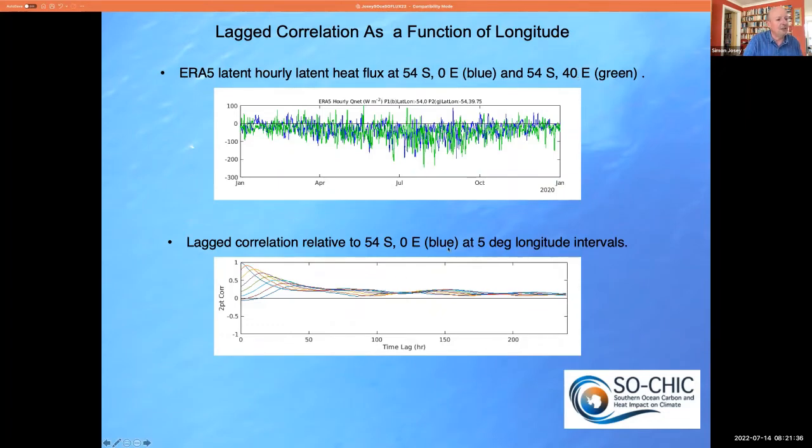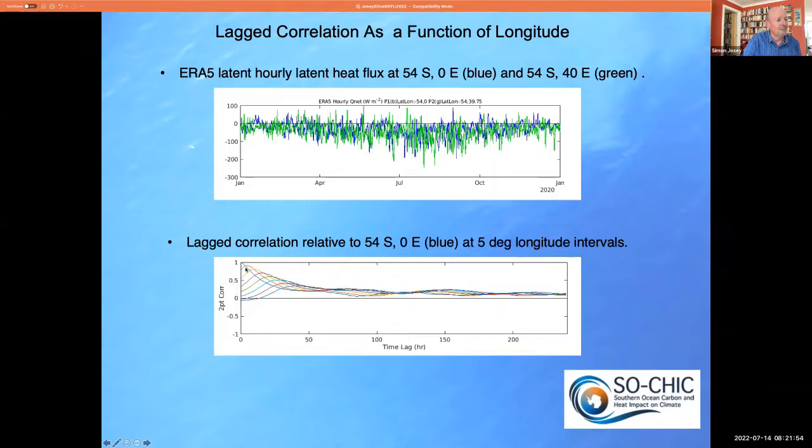But the interesting thing is, if you start looking at lagged correlation rather than simultaneous correlation, and each of these lines, this line here is the exact co-located value, so obviously it has a correlation of 1 at time 0, and then that correlation falls away on a certain time scale.